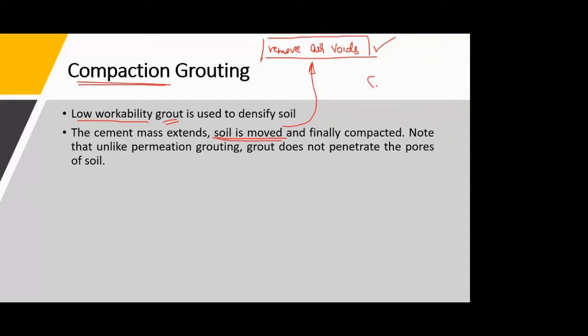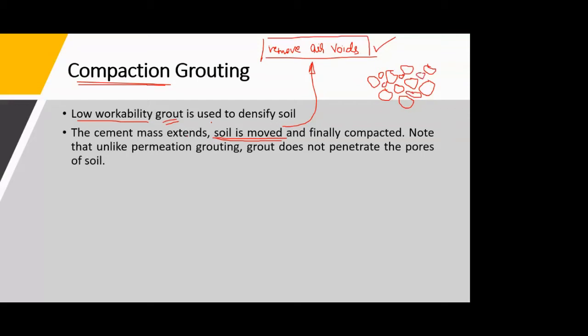What I'm saying is, suppose these are the soil particles. If I magnify some portion and draw this, these are the soil particles, and there are obviously some voids in between these soil particles.